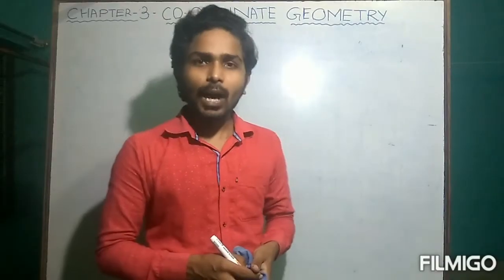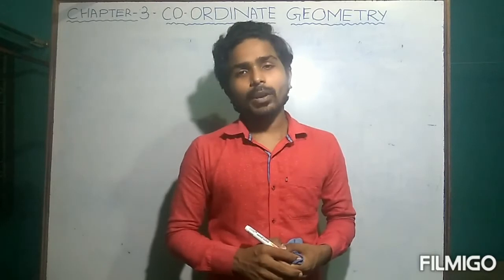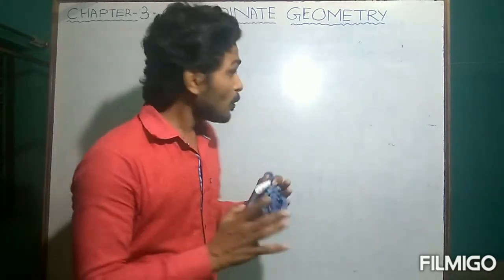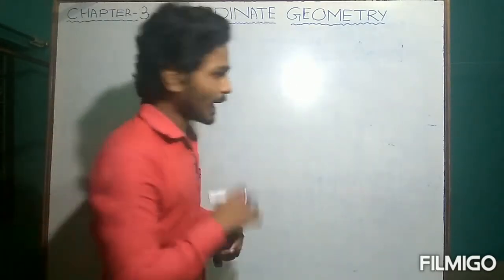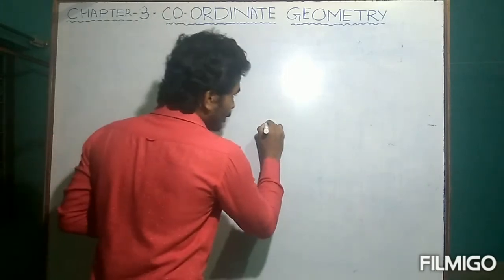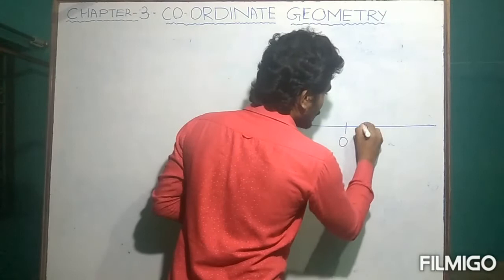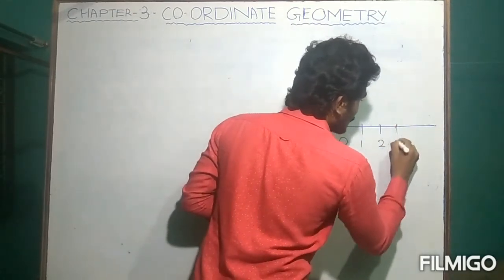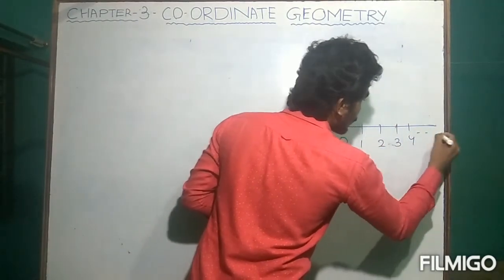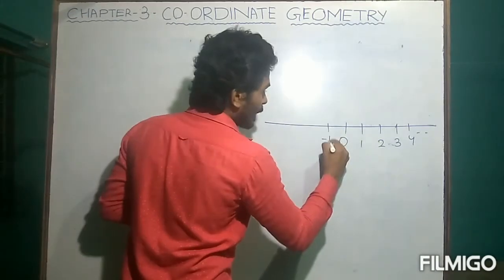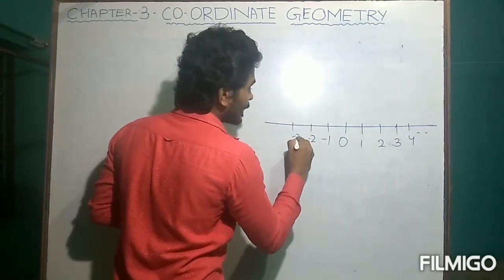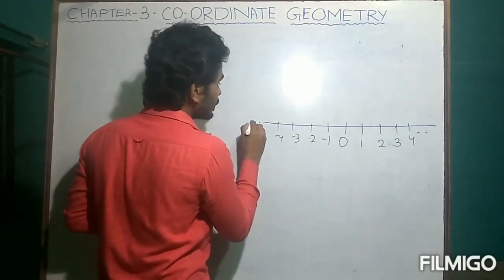Let us understand how a point is represented on a plane. For this we need a number line. So if it is a number line, this is 0, 1, 2, 3, 4 and so on. Towards the left, -1, -2, -3, -4 and so on.